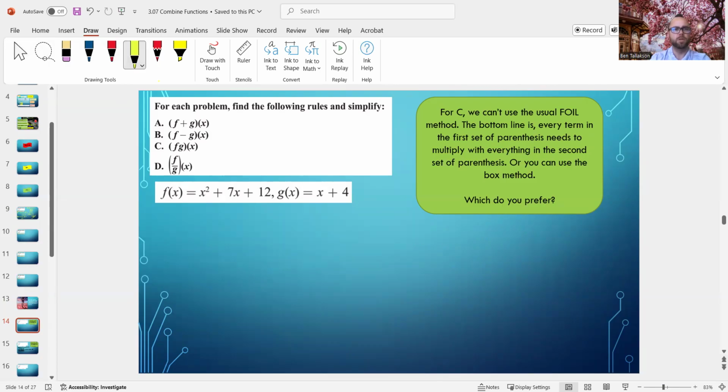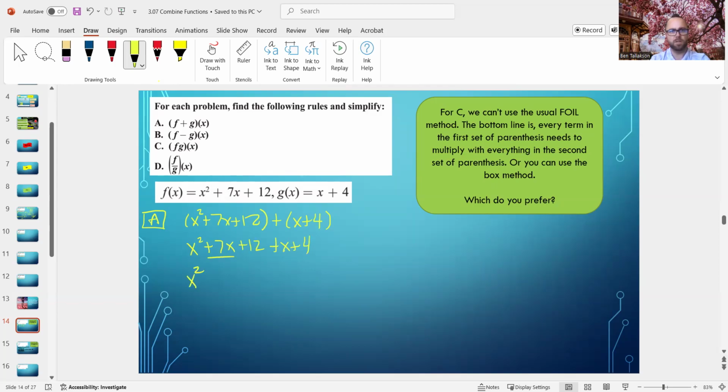Here we go. I'm not going to write out all the notation this time. I'm just going to write out A. So what do we have? We have f of x plus g of x. Free the parentheses, distribute the plus, combine like terms.